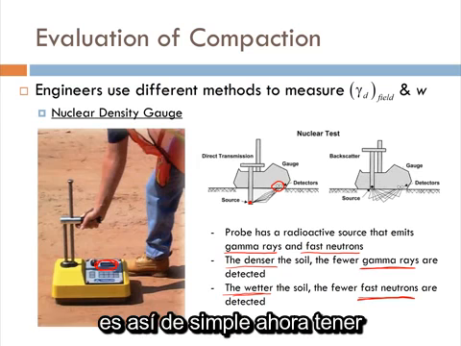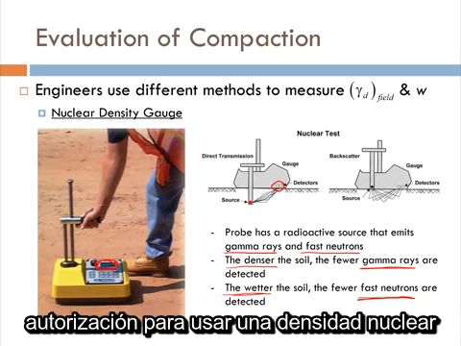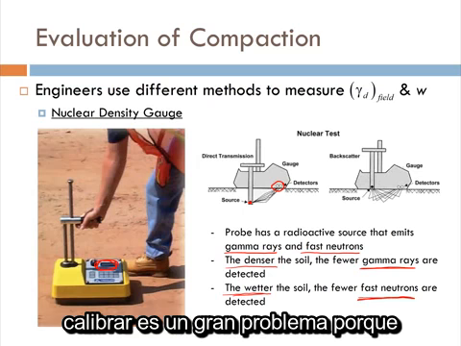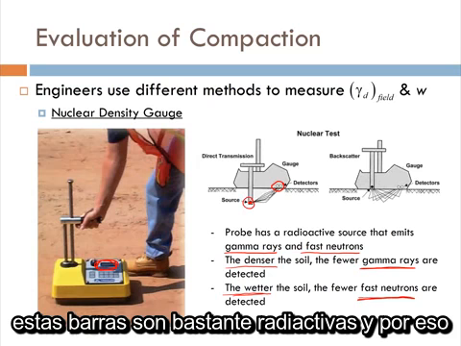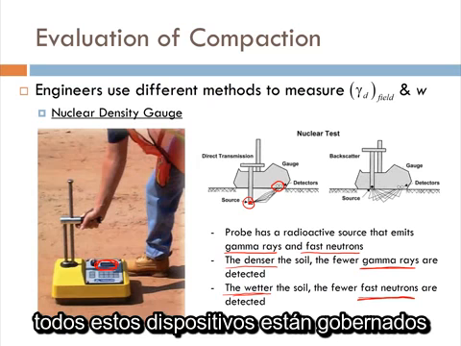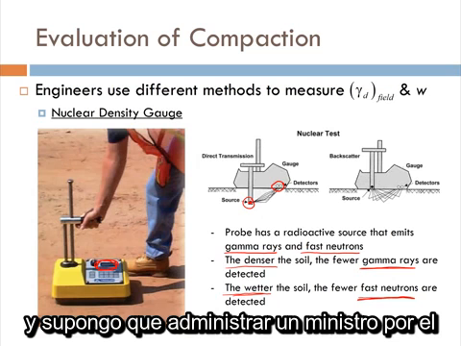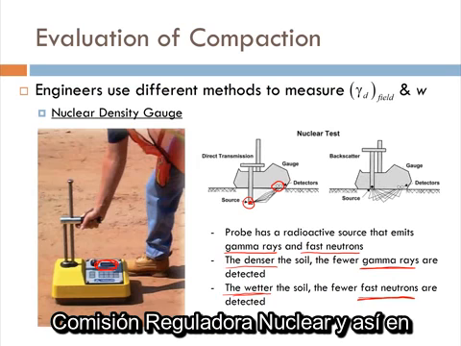It's that simple. Now, to have authorization to use a nuclear density gauge is kind of a big deal because these radioactive sources on the end of these rods are quite radioactive. So these devices are all governed, managed and administered by the Nuclear Regulatory Commission.